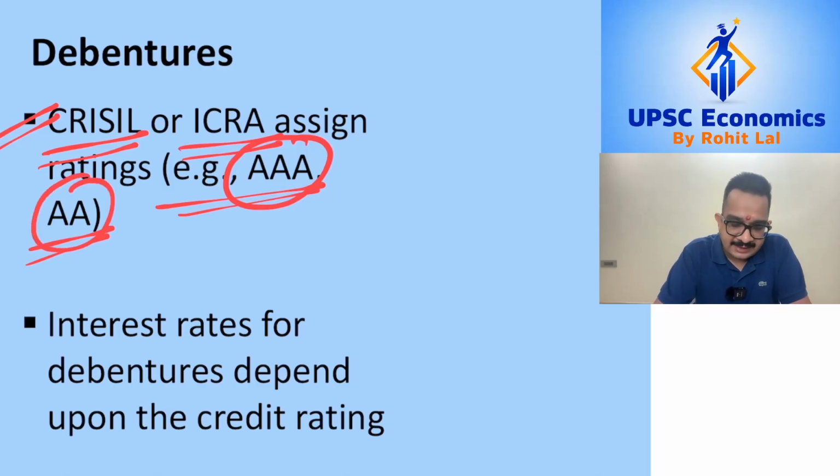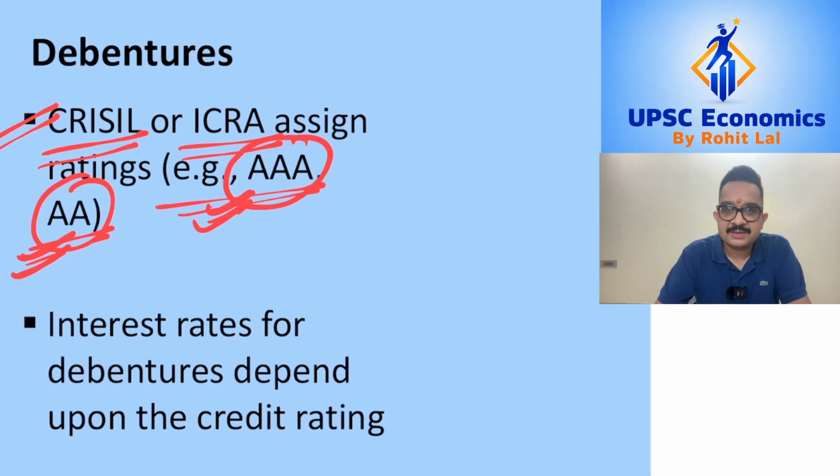These ratings indicate how safe a particular debenture is, so that an investor can make an informed decision. A debenture which has a AAA rating is least likely to default. So if an investor is investing in a AAA debenture, there is a very good chance that his money is going to stay protected.